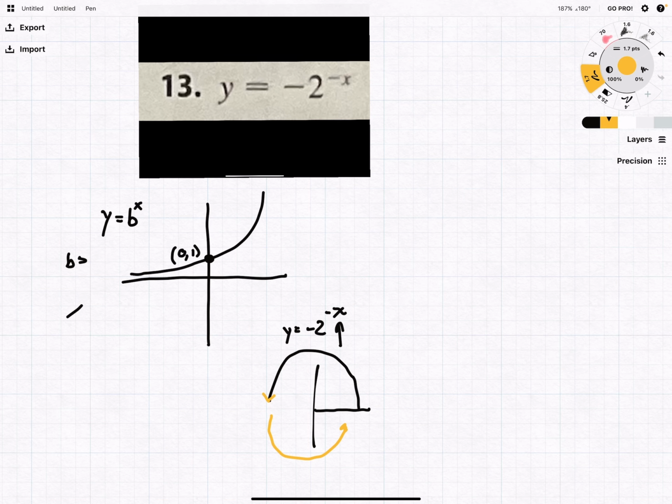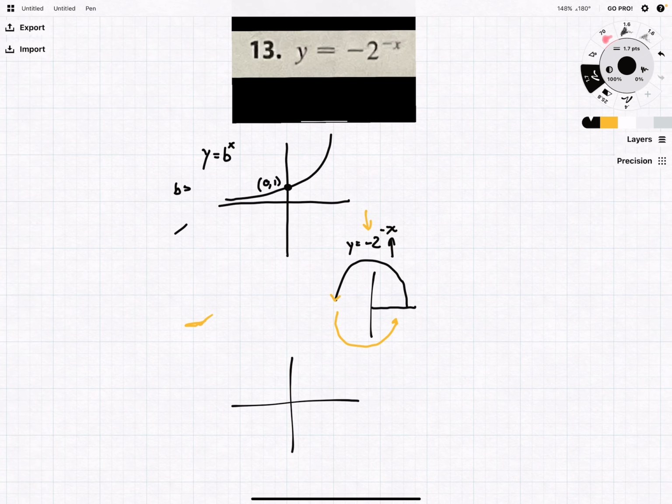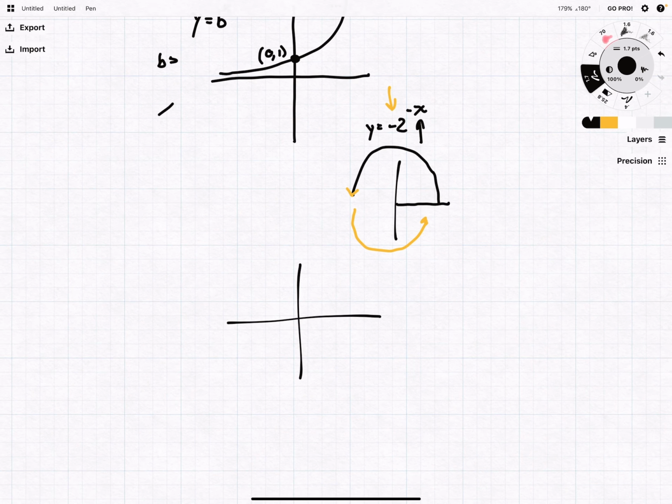Then, what does this negative 2 do? If the graph looks like the parent graph there, b to the x, and we flip it about the y-axis, then it will look like this.